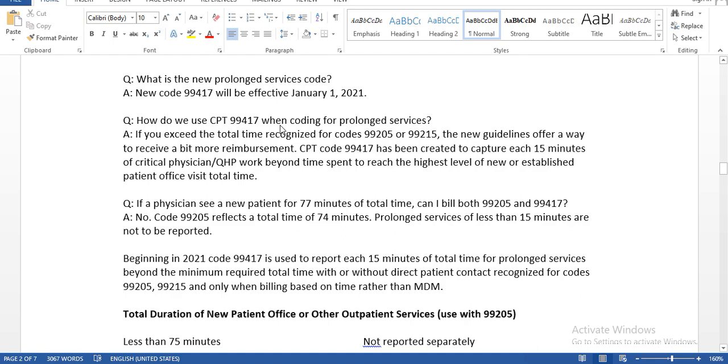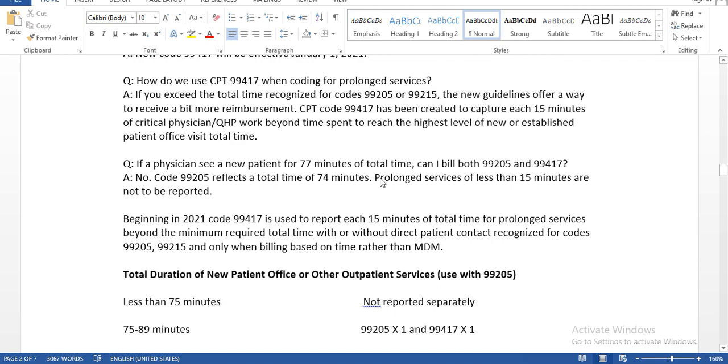So here we have a few questions and answers which are very useful while coding using time. What is the new prolonged service code? New code 99417 will be effective January 1st, 2021. How do we use CPT 99417 when coding for prolonged services?